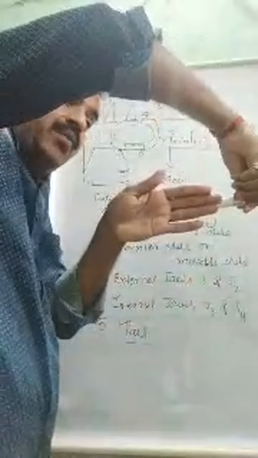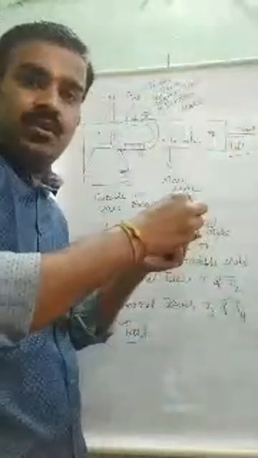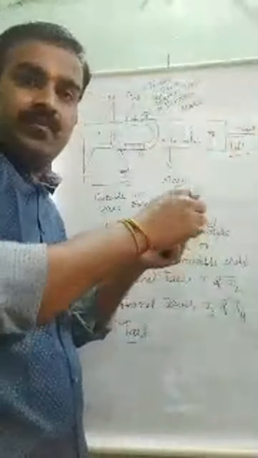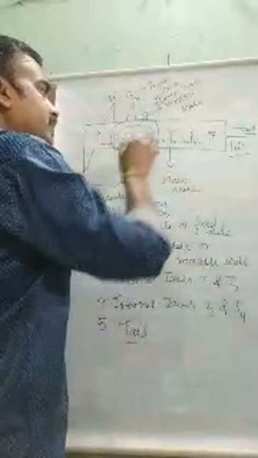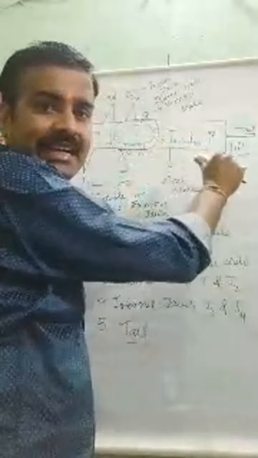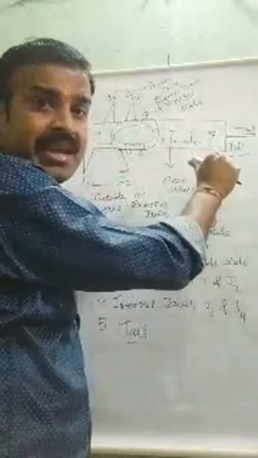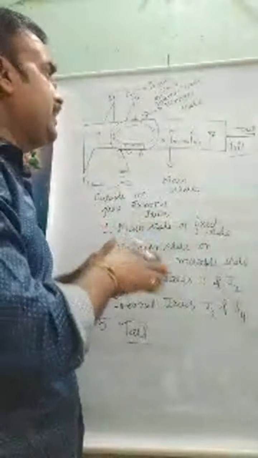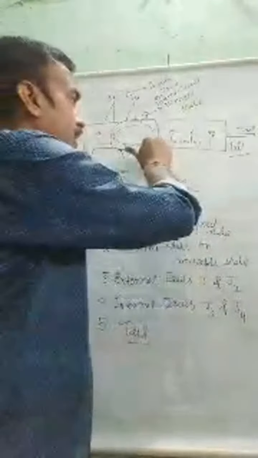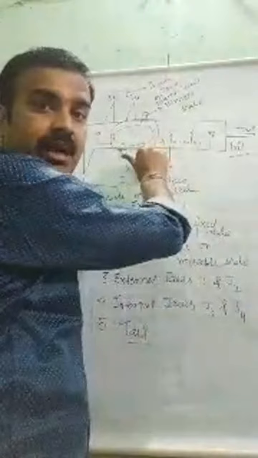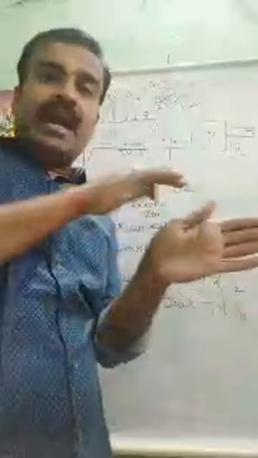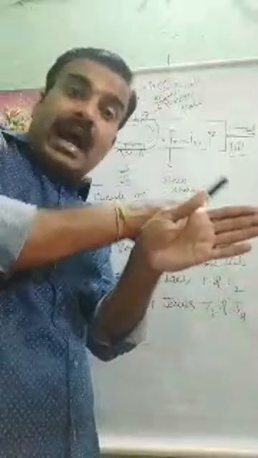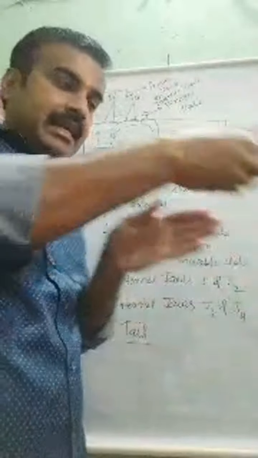Once we keep the thumb here and slide the Vernier scale above the main scale, then this tail, which is attached just behind the main scale, will also come out.